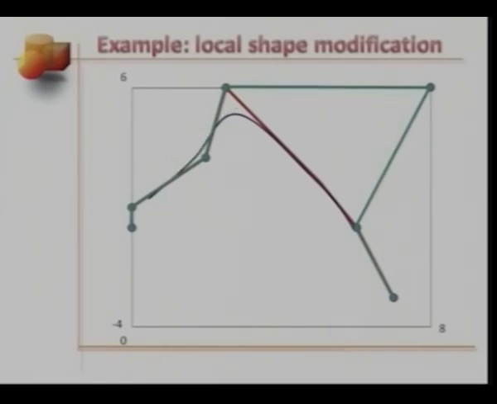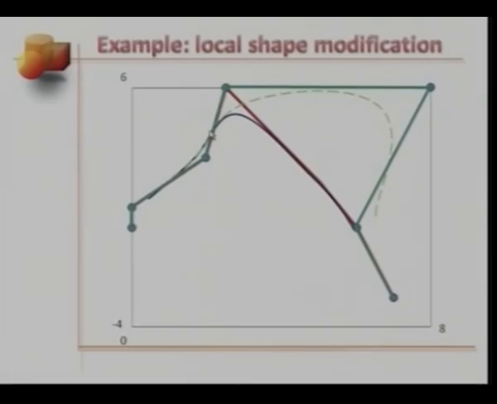Now if you notice, the new one in dashed green gets locally modified in shape. Only the portion corresponding to this part gets modified, whereas this portion here remains unchanged in shape.